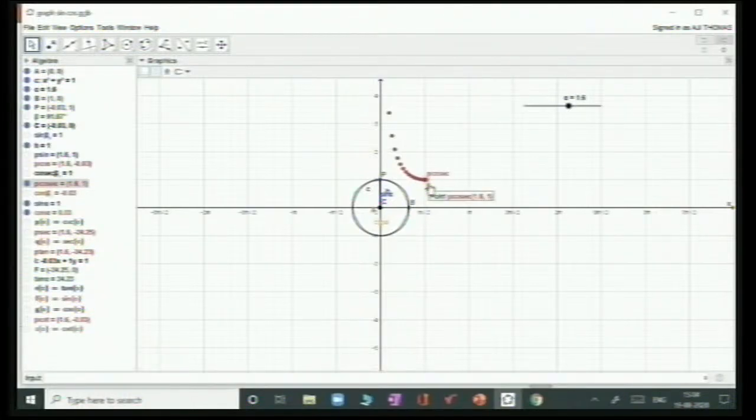If I increase the angle further, you will see that sine is decreasing now. Sine means this blue line. This blue line is decreasing. This means that cosec will increase. If you look at the point, it is increasing. And when sine becomes 0 again, cosec is not defined.